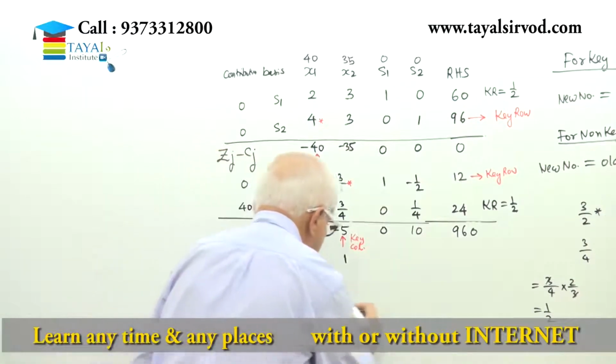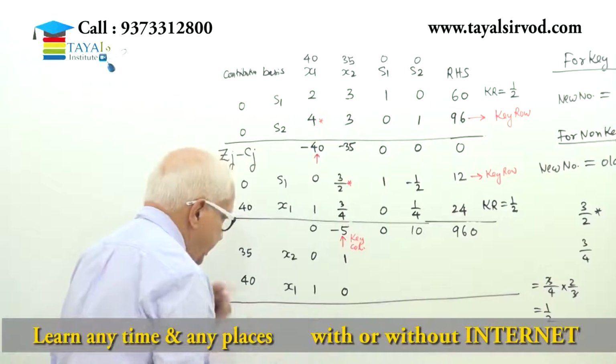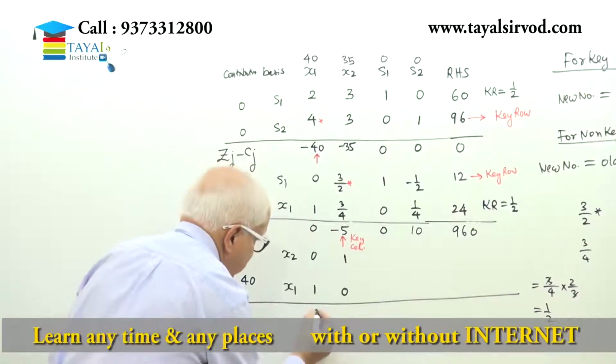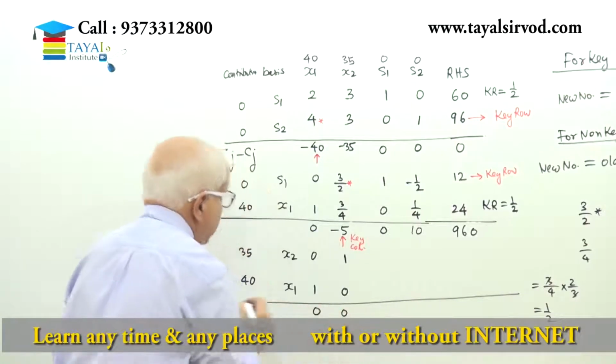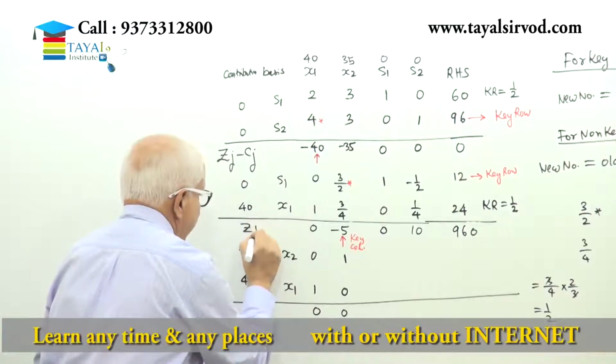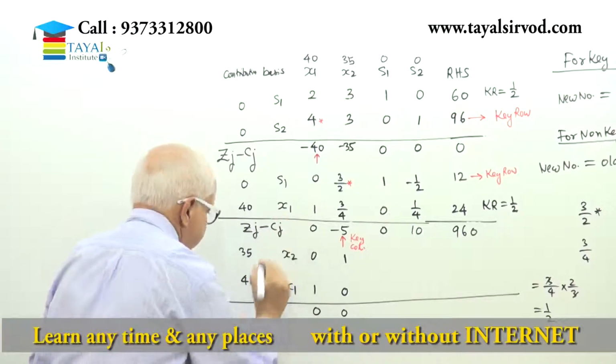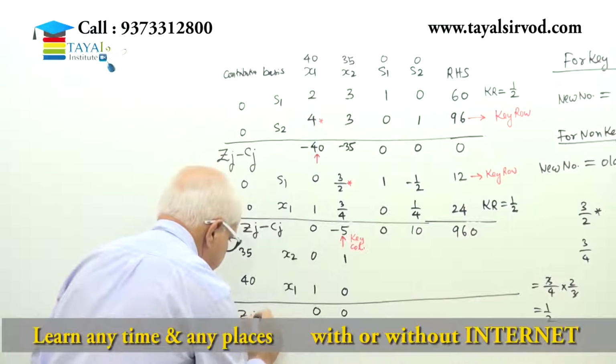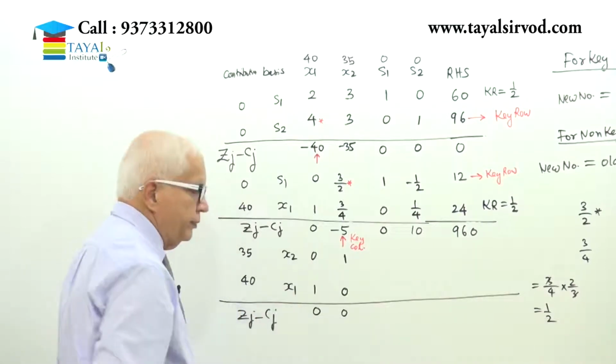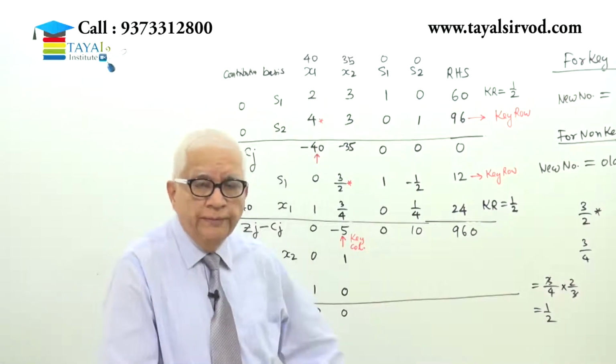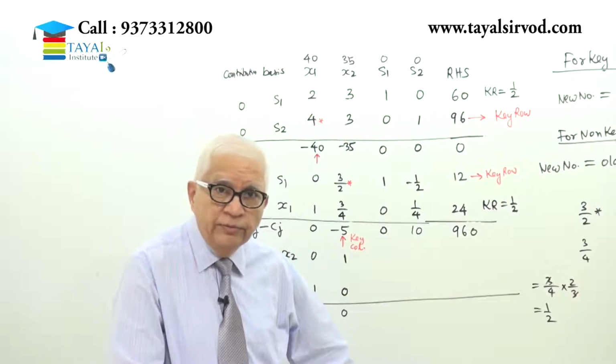I am drawing up the index row also, and in the index row or the net evaluation row, these two numbers are going to be 0. We can write this Zj minus Cj every time. This is Zj minus Cj. Okay. Identity matrix is written.